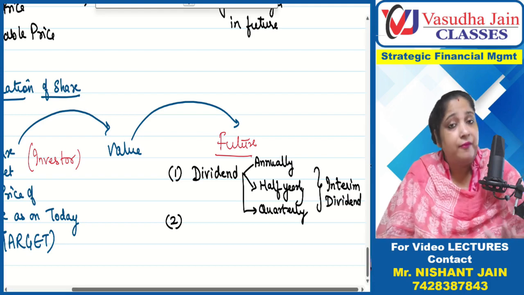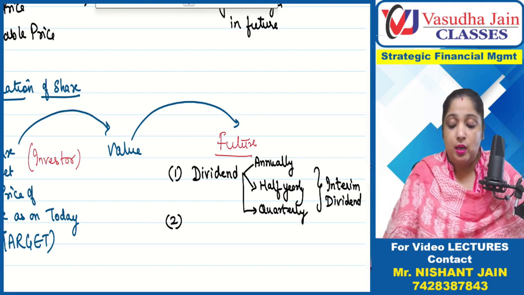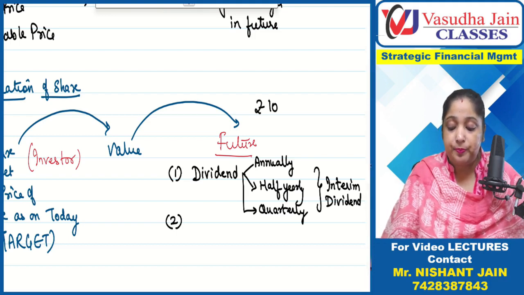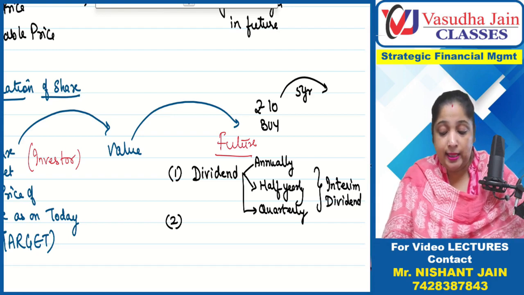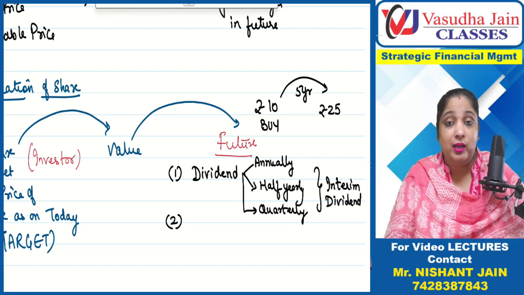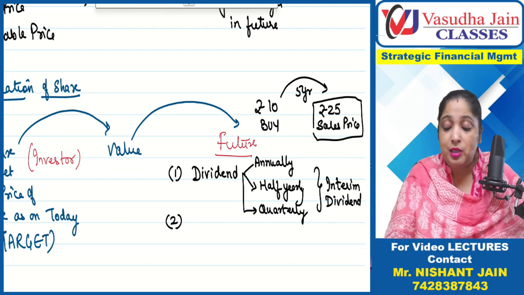Any other benefit associated with a share? Yes. When you buy a share for, let us say, 10 rupees, and let us say you hold it for 5 years, and after 5 years you are expecting to sell this share for 25 rupees. So after 5 years you will be getting 25 rupees from this share.